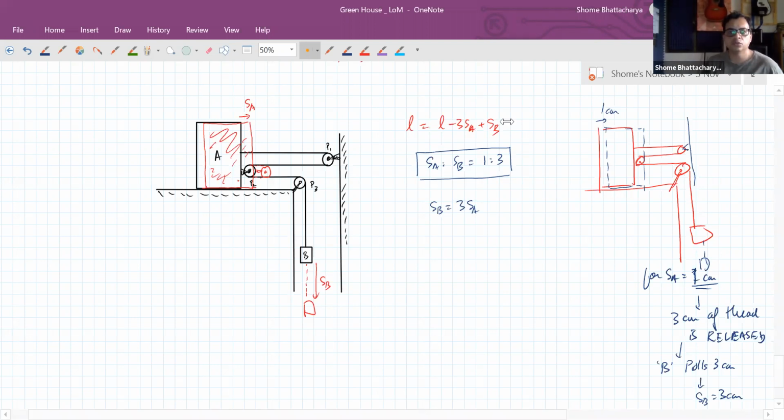Even if the mass of B is very small, a few grams, it will create tension in the string, and the moment there is tension in the string, block A will have to slide forward because there's no friction. That's the difference between what we experience in everyday life and this kind of situation. We can gauge that difference only by the proper scientific method, which is the free body diagram.